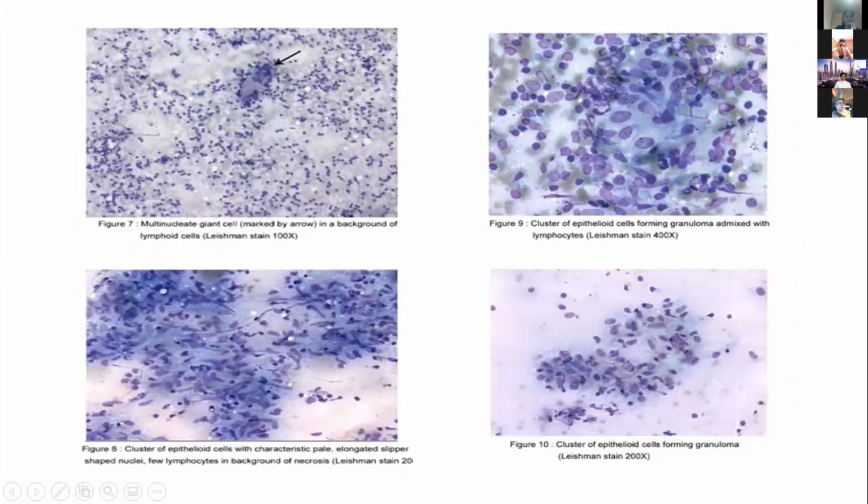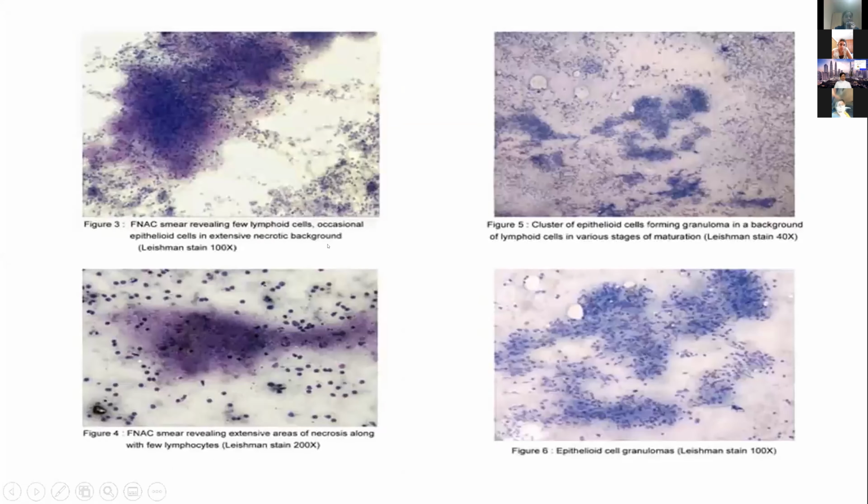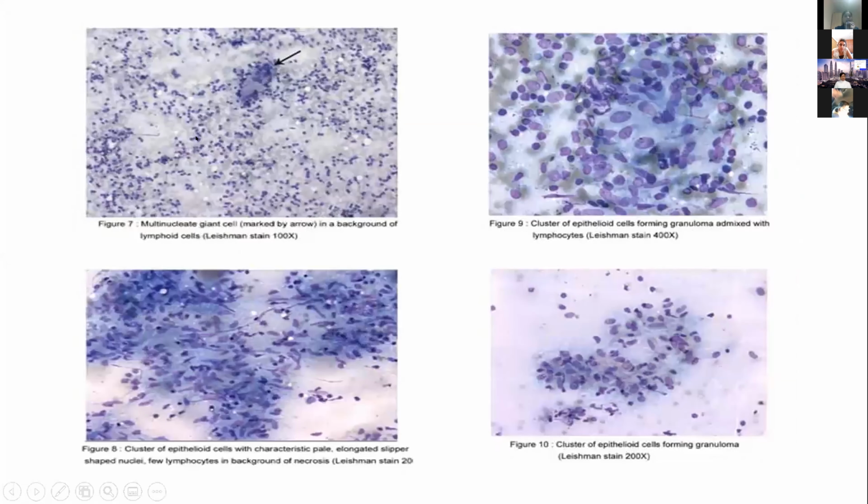As I told you, the cytomorphological patterns of mycobacterial infection can be, first, epithelioid granuloma with necrosis. This is the necrotic pattern which I showed. In the next picture, we can see a multinucleate giant cell in the background of lymphoid cells. If we see the high power of this picture, we can see how elongated these epithelioid cells are and how much bigger they are compared to the lymphocytes.